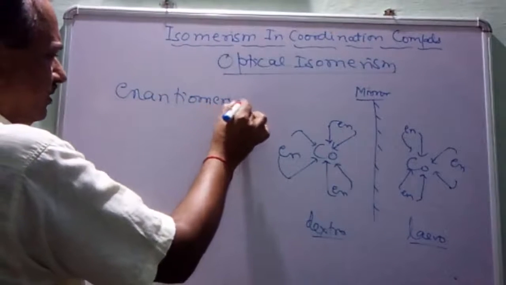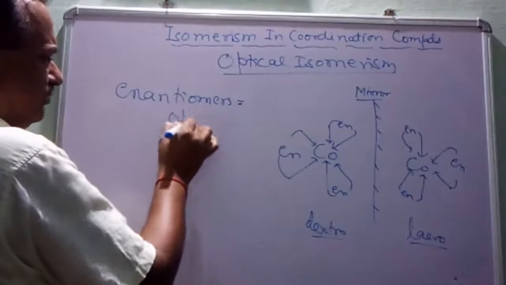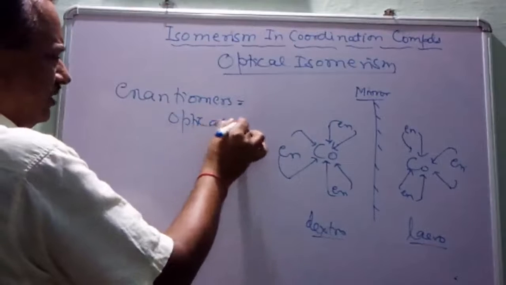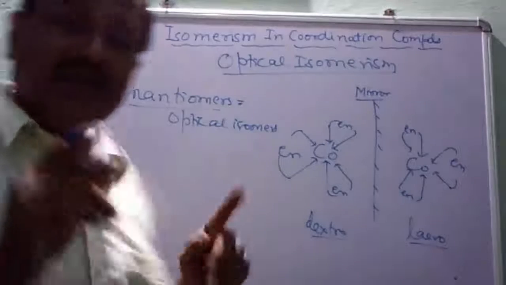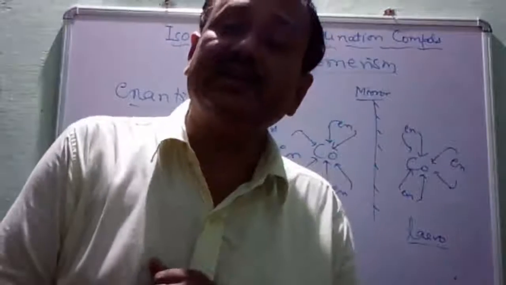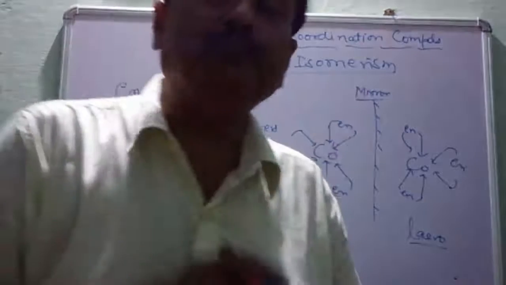We generally don't call them optical isomers, but we call them enantiomers. Enantiomers differ from each other in one point.